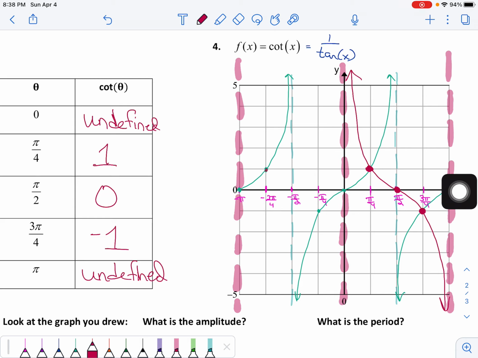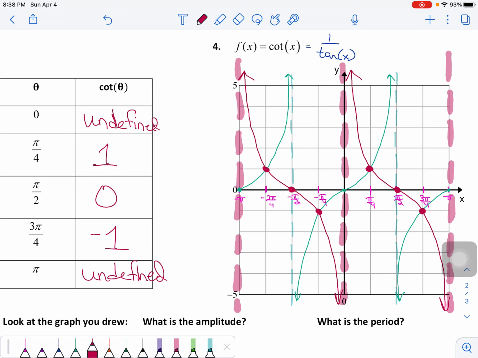Now, if I did the same thing over here on the negatives, I can match up the negative 1s and positive 1s. And again, where tangent is undefined, so there's that vertical asymptote for tangent, that is going to be a 0 for cotangent. So let's go ahead and graph that in.